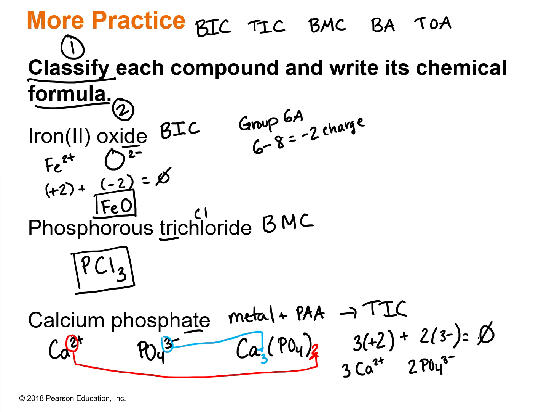And that's what I get. Don't forget to use those parentheses around your polyatomic anion if there's more than one. Questions?